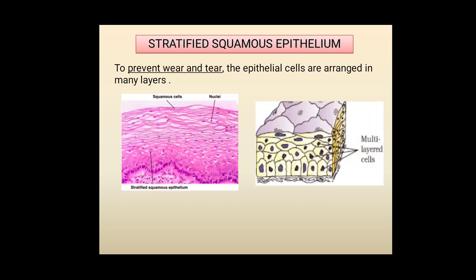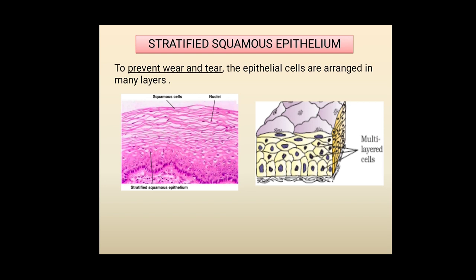Here you can see in the diagram, lowermost is the basement membrane on which these cells are there. So the basement membrane is clear in the microscope slide also, and then you can see many layers. Now it is named squamous because the topmost layer you can see are flat cells.